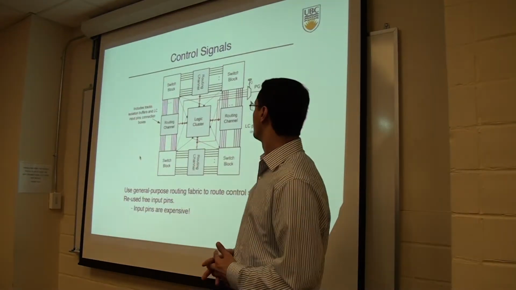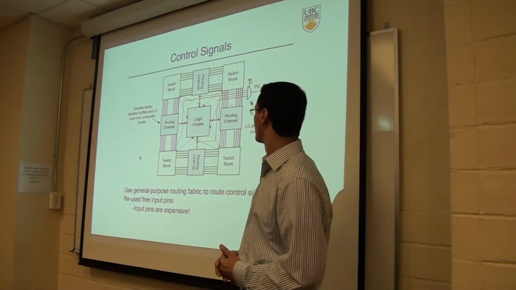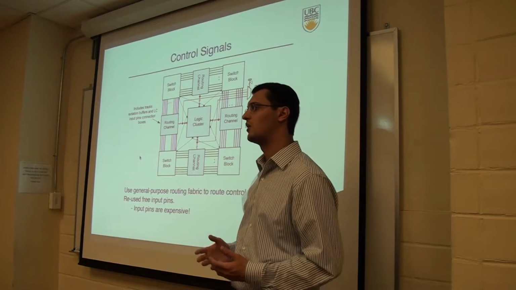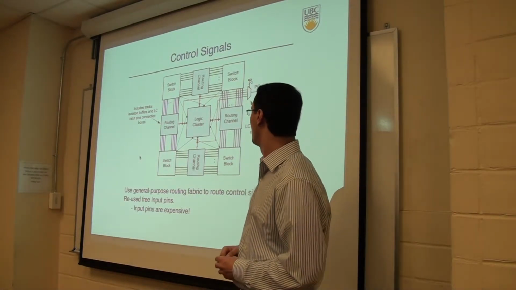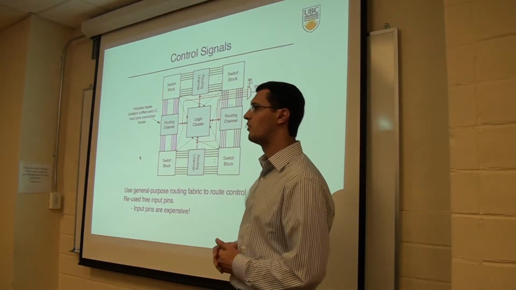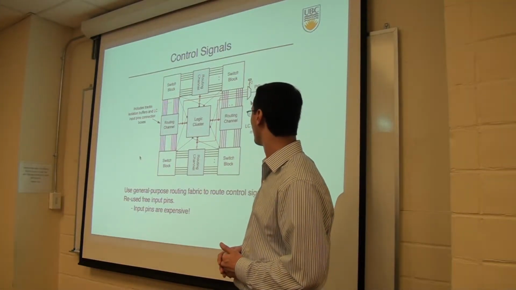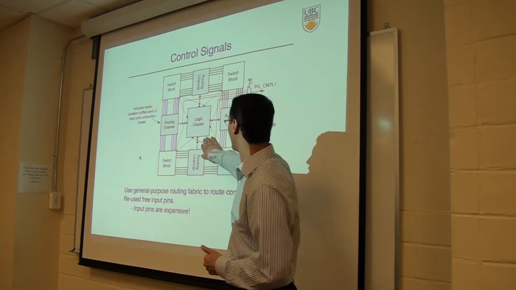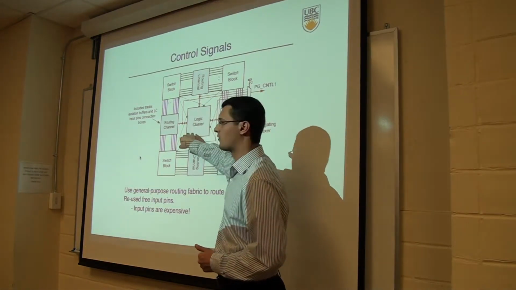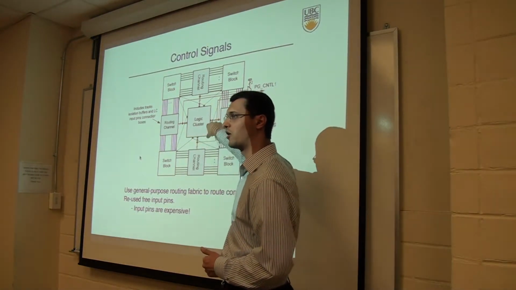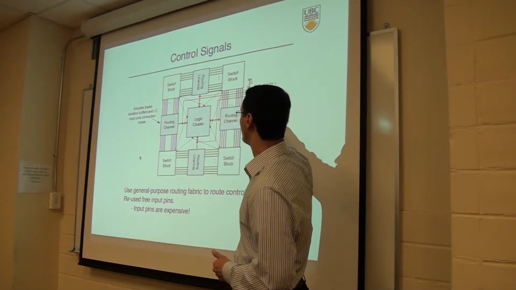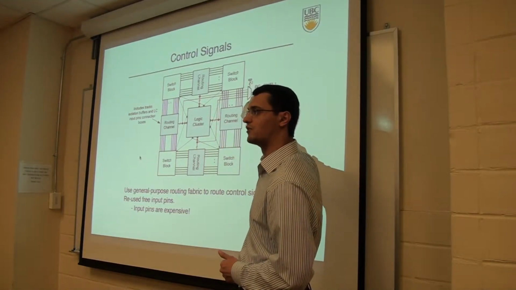Now, how are these control signals routed on the FPGA routing resources? Basically they could be routed as any other signal could be routed. But to connect them to the PMOS transistors, the sleep transistors, what we do is take one of the bordering inputs to the logic cluster, and we select one of them using a multiplexer here.